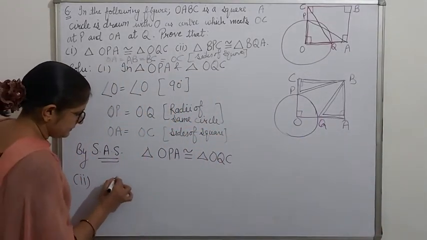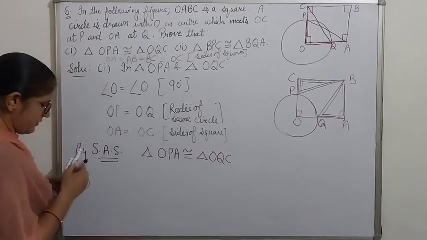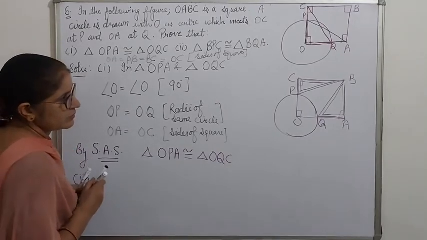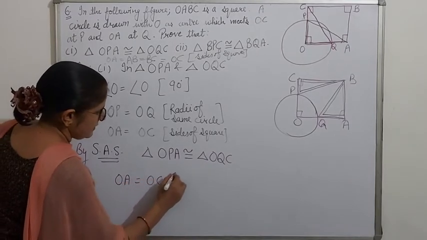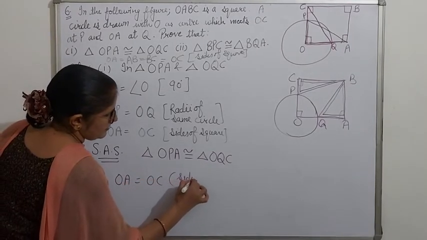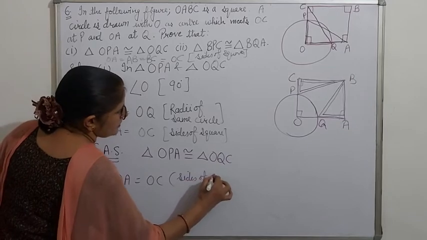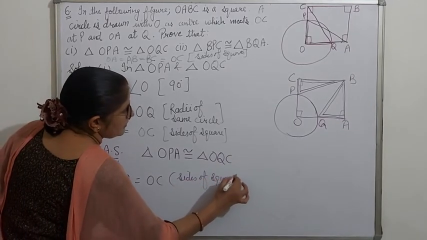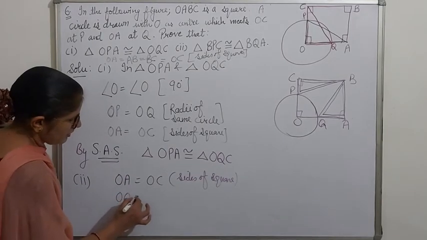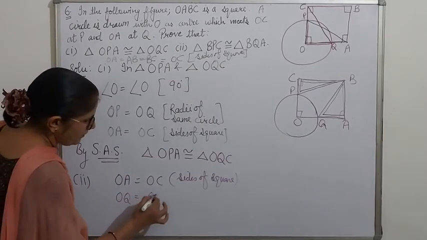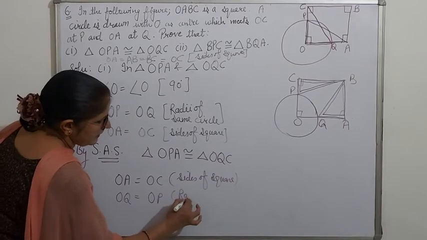OA is equal to OC, sides of square. OQ is equal to OP, radii.